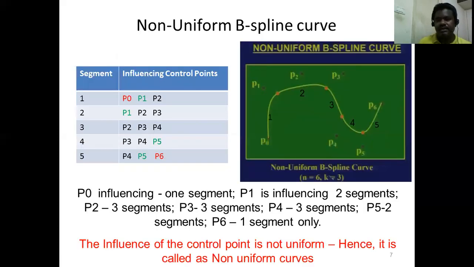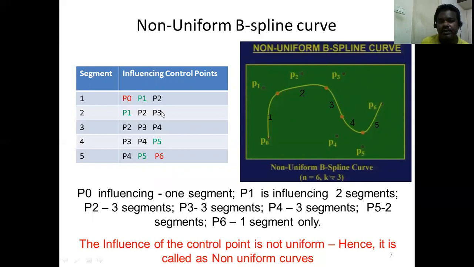For instance, I have numbered the segments 1, 2, 3, 4, 5. 5 segments I have shown. Here, segment 1 is influenced by 3 points P0, P1, P2. If you look at this segment from this orange dot to this dot, this portion is influenced by 3 control points, namely P1, P2, P3.